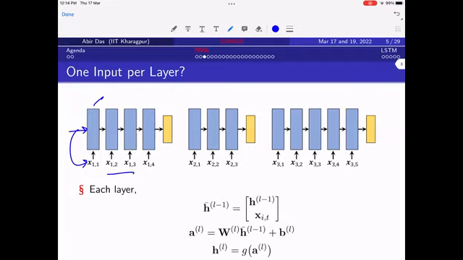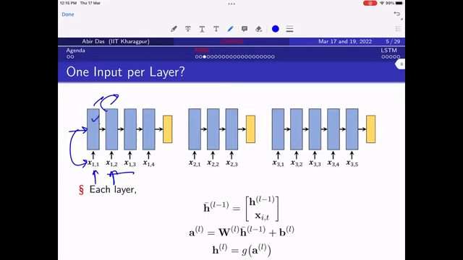So you have 4 layers for a 4-length sequence, and the first element of the sequence goes as input to the first layer, the second element goes as input to the second layer, and so on. In addition, it also has the normal input, that is the previous layer's output, which is the activation coming from this layer.